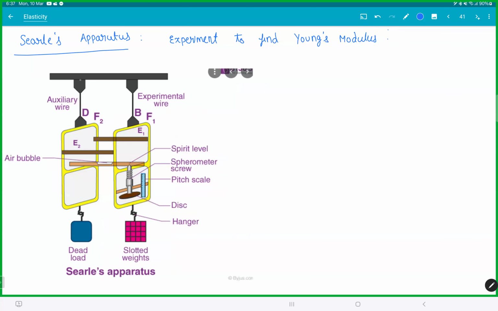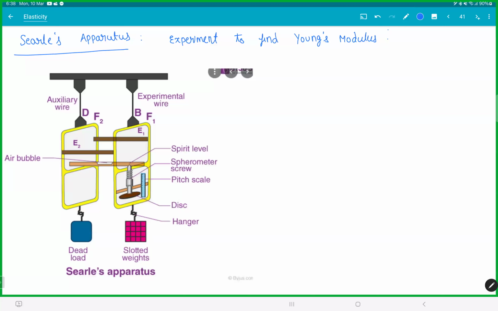We have two wires here, an auxiliary wire and an experimental wire. This side will not move at all. This is a dead load. It is stationary. This is the wire which you are trying to test. Let's say if you want to find the Young's modulus of a copper wire, you put a copper wire here. And here you can see the weights. By adding weight here, you can change the tension.